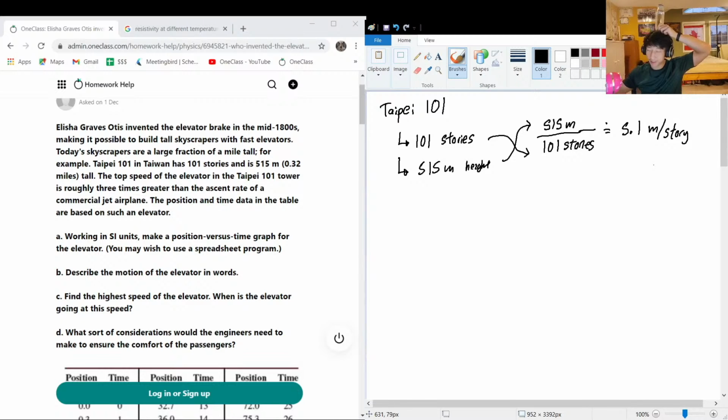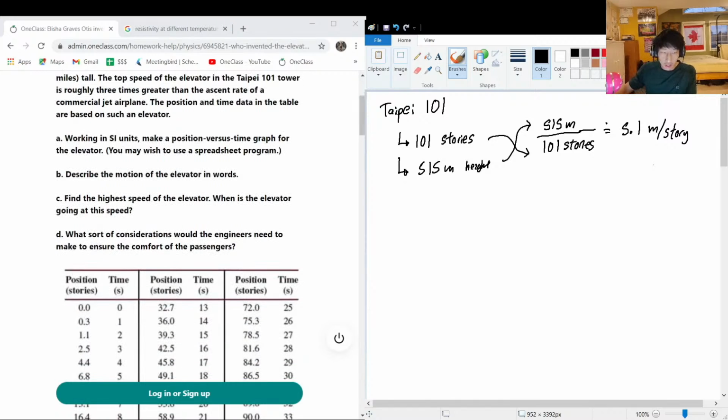Some people are going to be like, I guess so, but your actual usable height is not that. But let's just incorporate the spire height, even though it would not be particularly accurate, and we will probably get overestimated speeds. But we would just need to keep that in mind as we proceed.